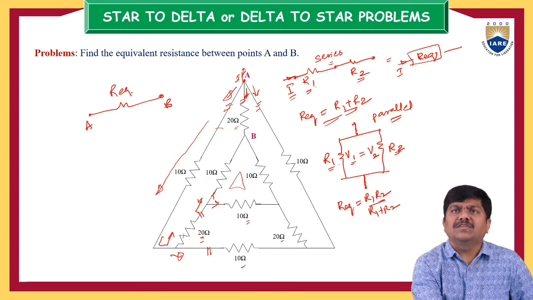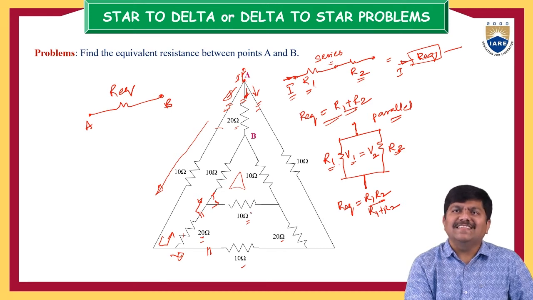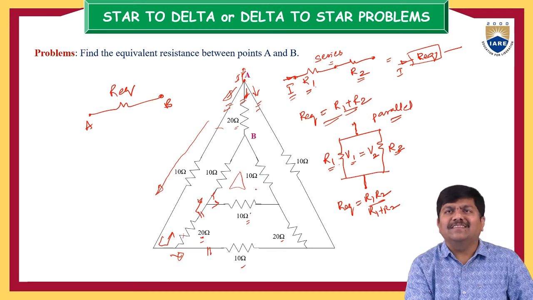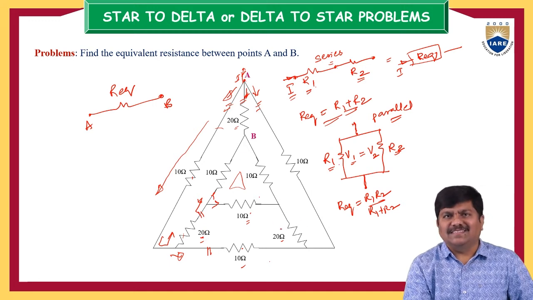Whatever the R equivalent is, it will be contributed by so many resistors. This is 10 ohm, and this is 10, and this is 10, connected in delta fashion, and the outermost delta also has 10 ohm resistances. So in total there are 6 resistances, and the internal delta and outermost delta are joined to each other by 3 20 ohm resistances.